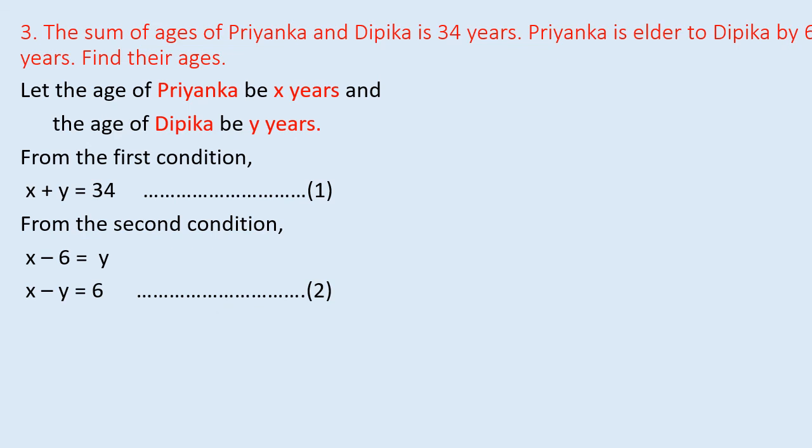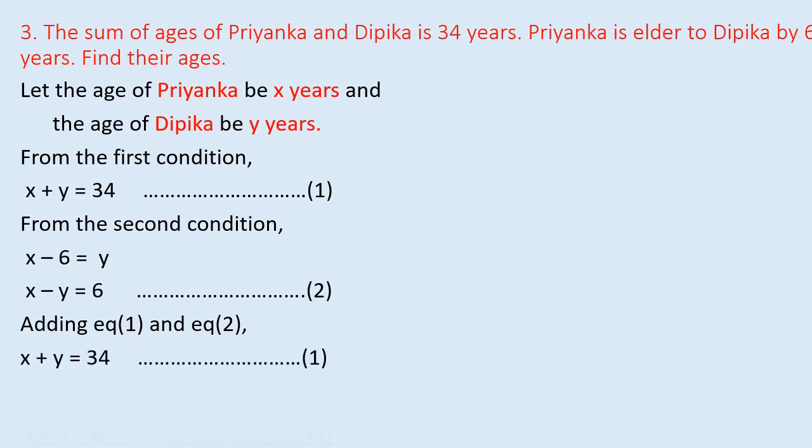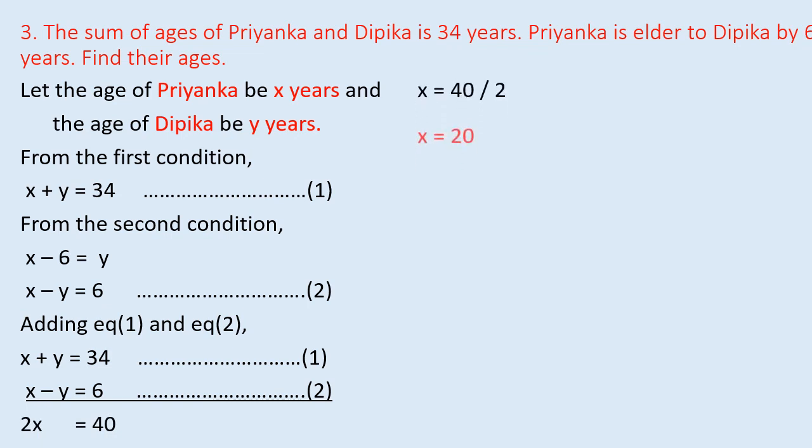So we get, adding equations 1 and 2, because we have y with opposite signs, plus and minus, we can easily add, and y will get cancelled. y will get eliminated, and what will be left is x plus x, which will be 2x, and 34 plus 6, which will be 40. So when we solve this, we have 40 upon 2, which is 20, so x is equal to 20.